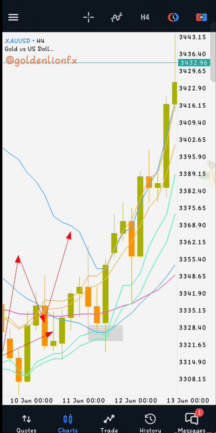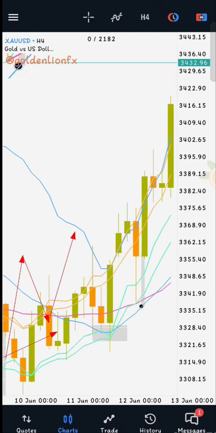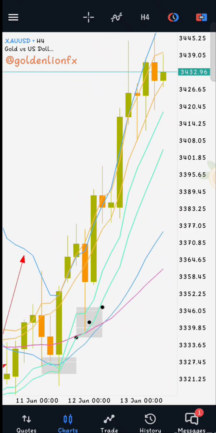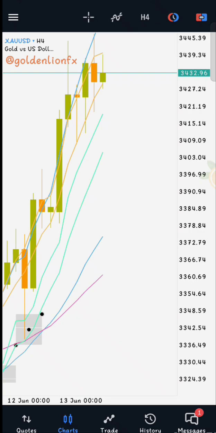Then there was also another one here. Okay, so it was also a re-entry. This was the REE code. I taught the different codes on my channel. For those who don't know the codes, we have REE, RME, RRE, and REM, with REM being the most profitable.